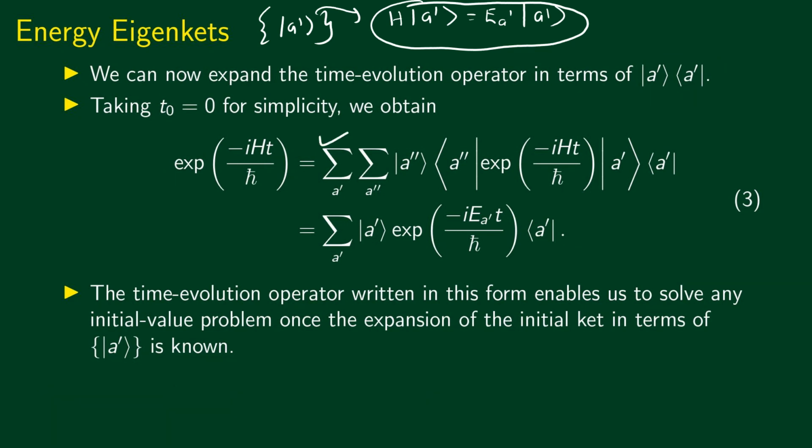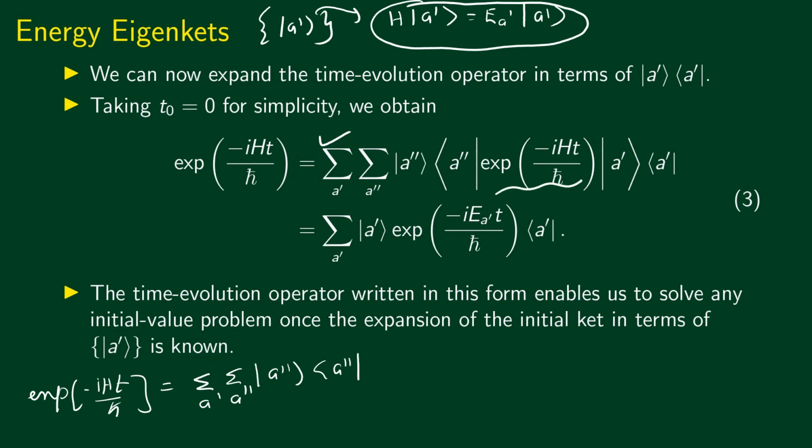So from here we have exponential of minus i H t divided by h bar is equal to sum over a prime, sum over a double prime, ket a double prime, bra a double prime, and this becomes exponential of minus i E a prime t divided by h bar acting on ket a prime. Let me just write it here. Now this is a number.